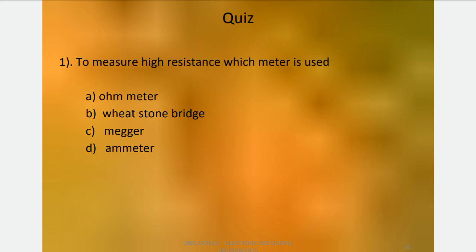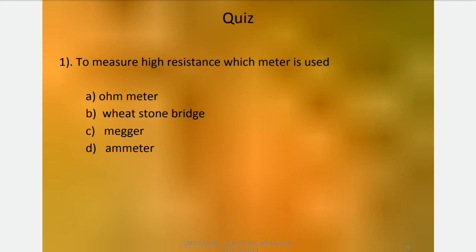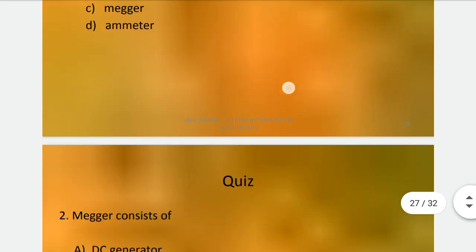Low resistance can be measured with the Kelvin double bridge, and the ohm meter, which we have already seen as series and shunt type, is not used for high resistance. Wheatstone bridge is for medium resistance. Ammeter is used for current measurement. Hence the correct answer is Megger. Megger is a mega ohm meter, whose range is from 0.1 mega ohm to several hundred mega ohms.